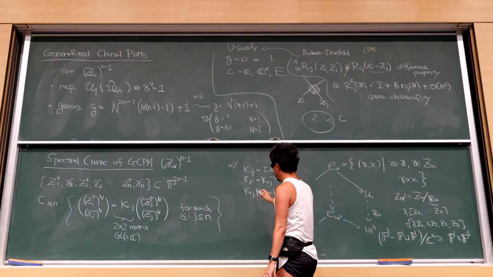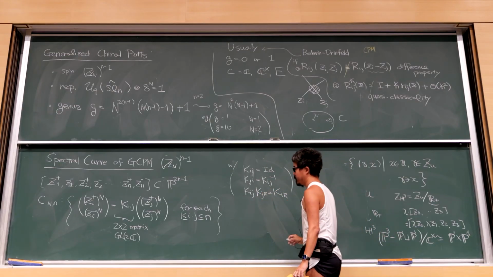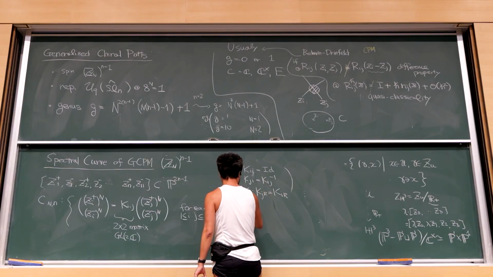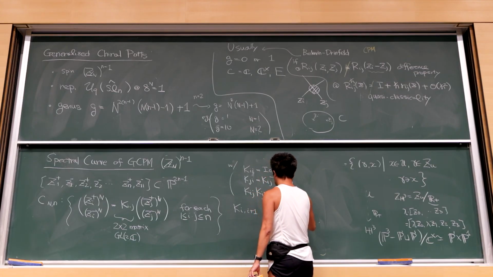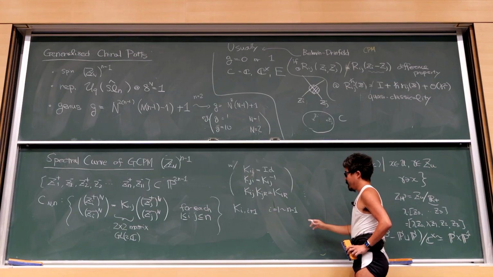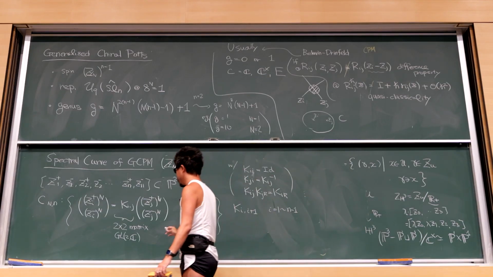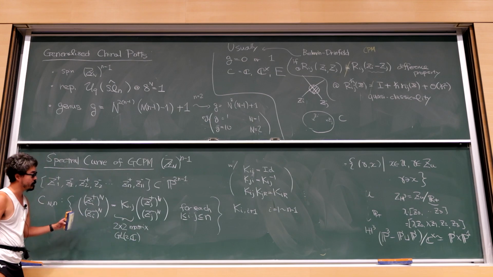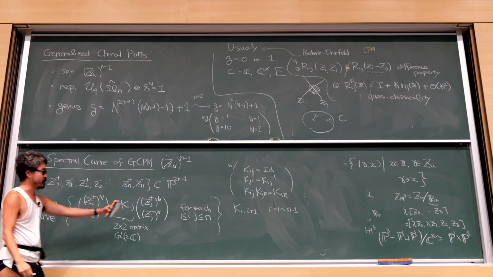Obviously, these are needed, otherwise it doesn't make sense. In the end, the only non-trivial or independent constraints come from this, where i runs from 1 to n minus 1. So there are n minus 1 conditions imposed, and there are 2 equations each. Then you see that indeed this defines a curve inside P^{2n-1}.